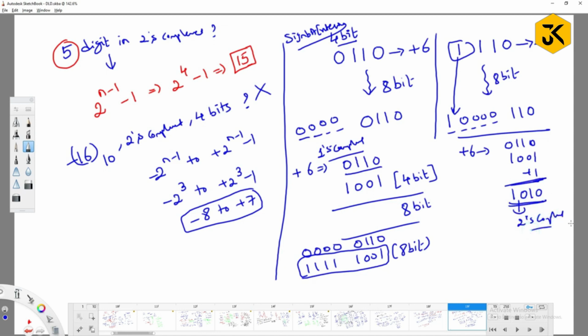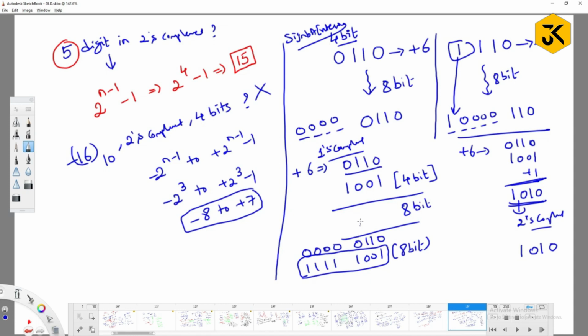If the same 2's complement number is extended in an 8-bit space, then what is going to happen? Can you write the same procedure as the earlier one?